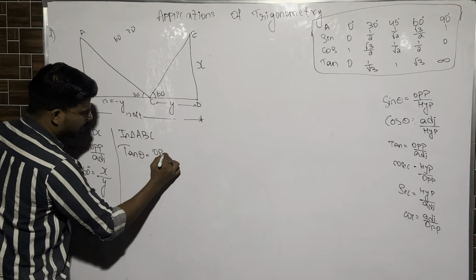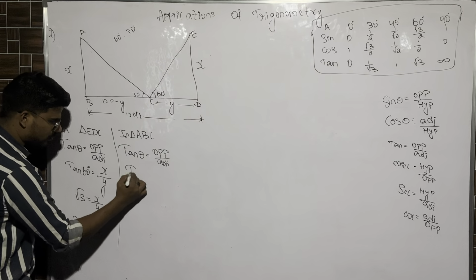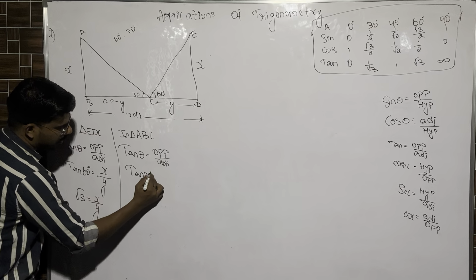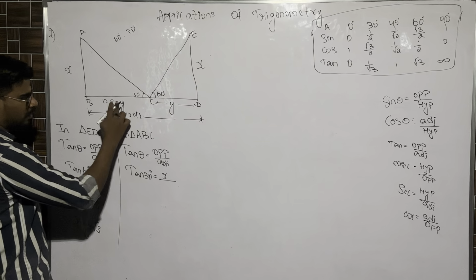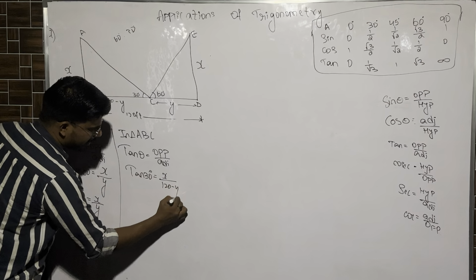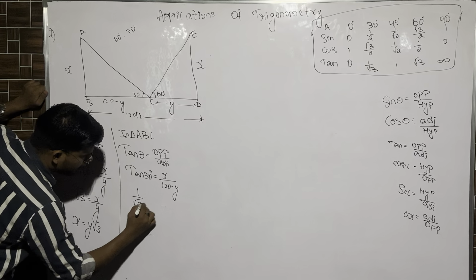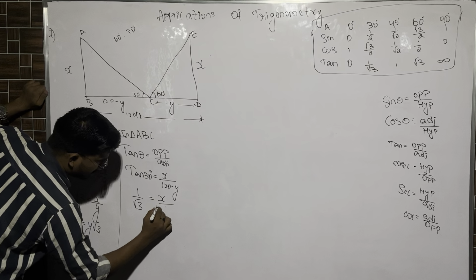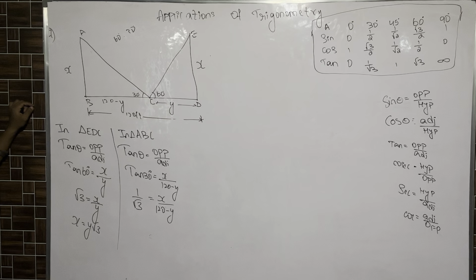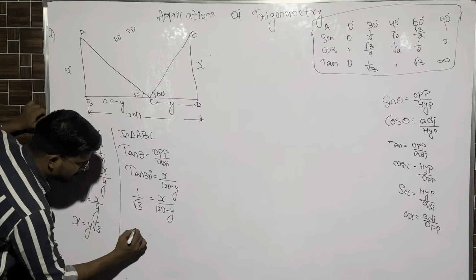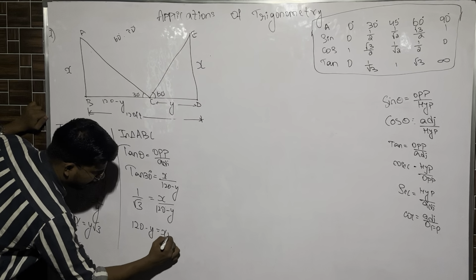Tan 30 is equal to opposite X by adjacent 120 minus Y. Tan 30 is 1 by root 3. 1 by root 3 is equal to X by 120 minus Y. If I cross multiply, 120 minus Y into 1 is 120 minus Y, and X into root 3 is X root 3.